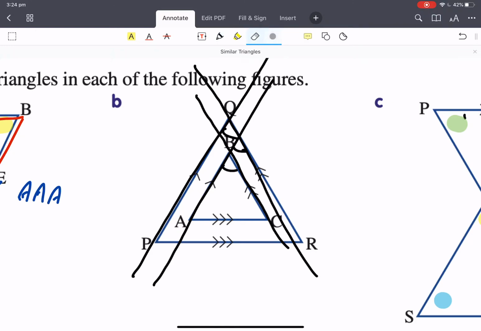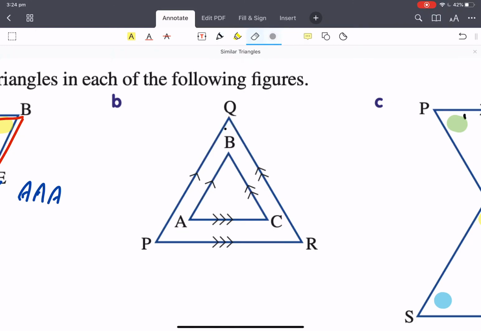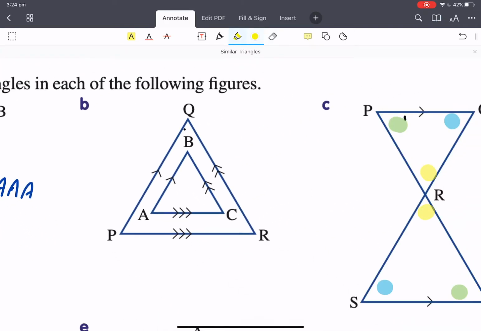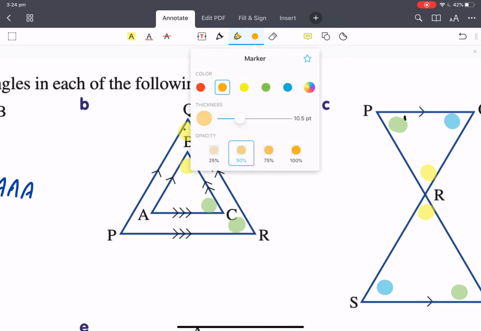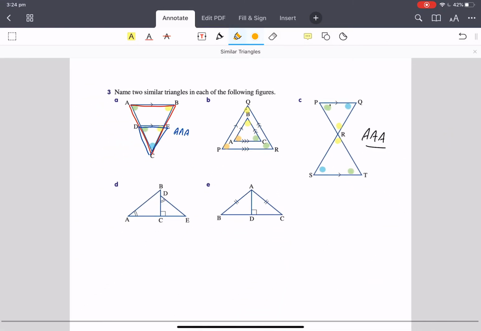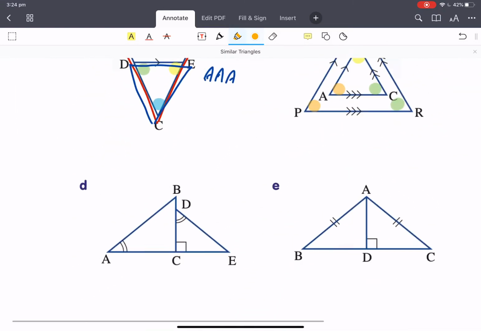Let me just clean that up. That's not going. It can just stay there. That angle and that angle are the same. We can use the same sort of process to find that they're the same and they're the same, therefore similar triangles.